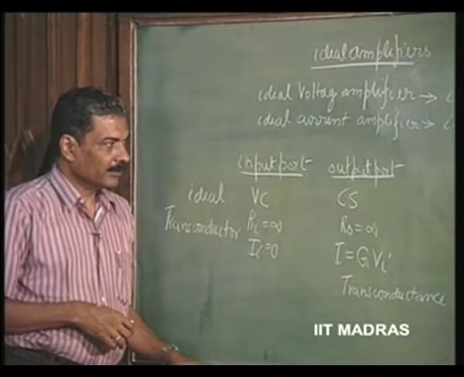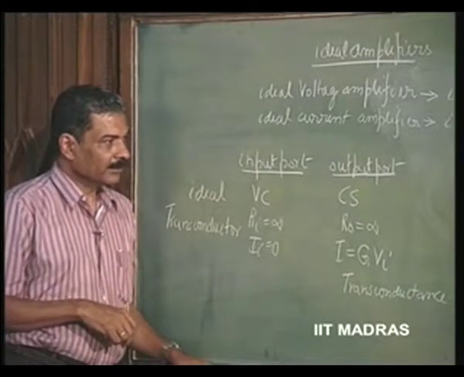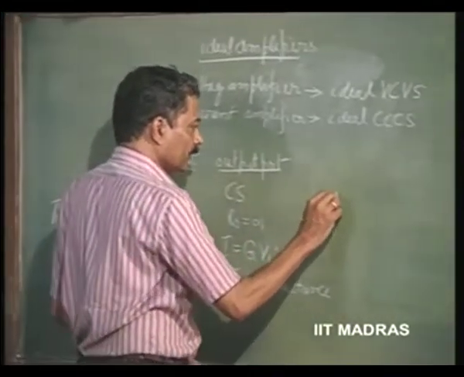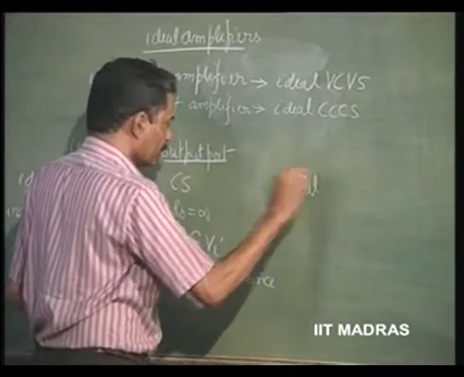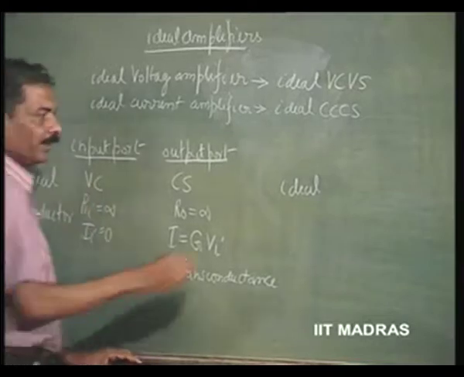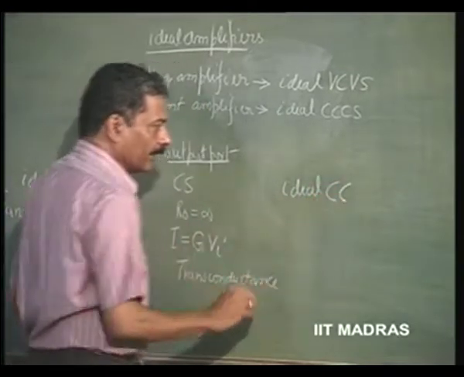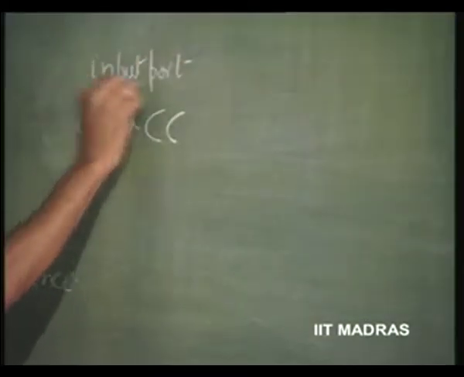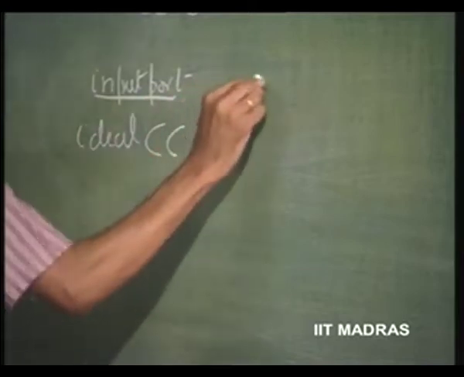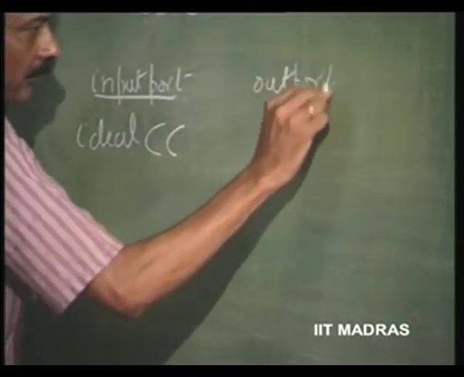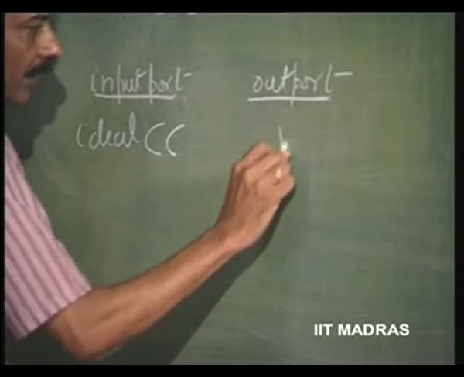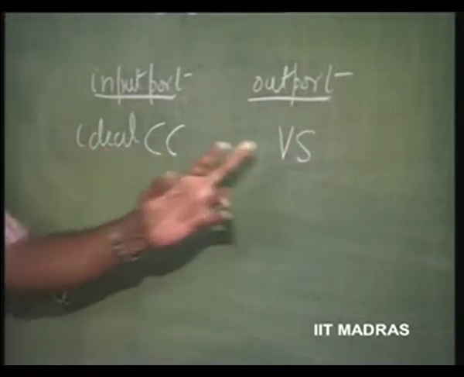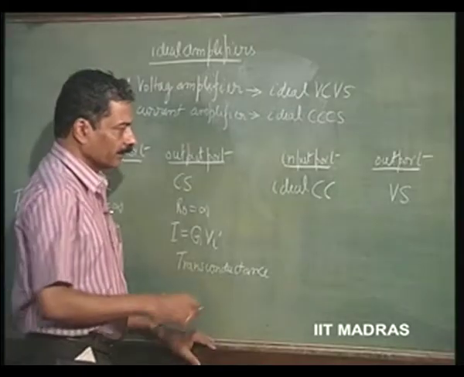As against this, we have the ideal amplifier where, instead of voltage control, it could be current controlled at the input port, and at the output port it could be a voltage source. It is a current controlled voltage source amplifier. Let us see.